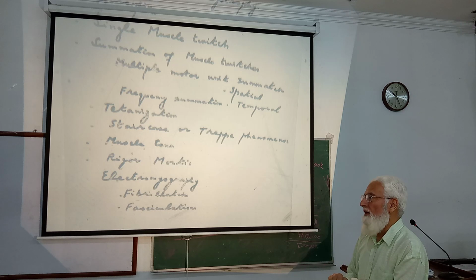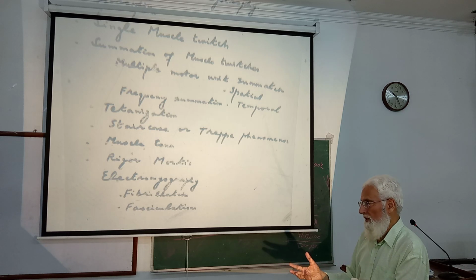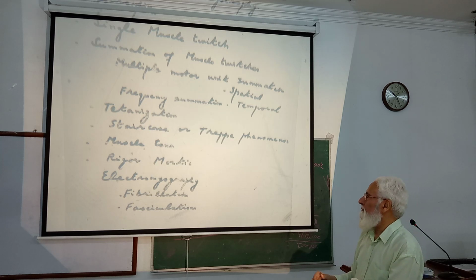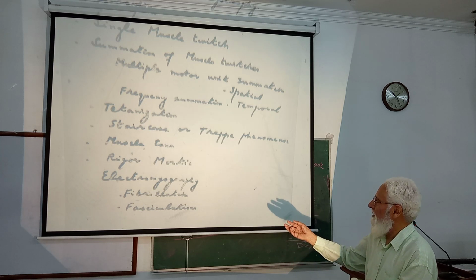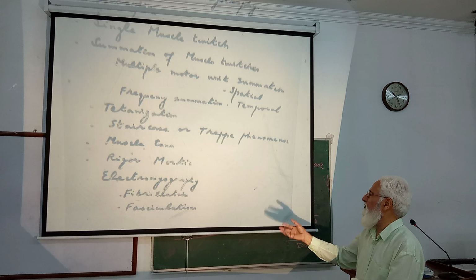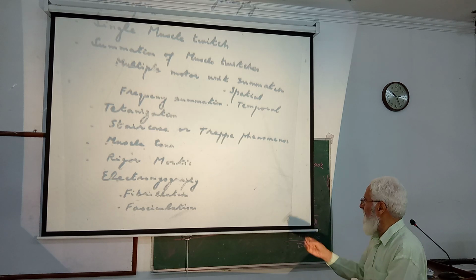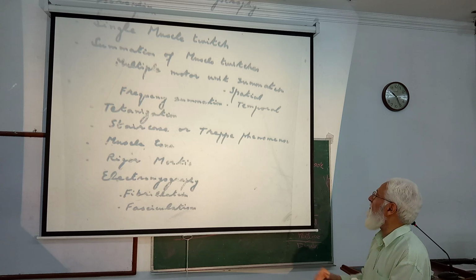The record is called an electromyogram. We can see fibrillations and we can see fasciculations.